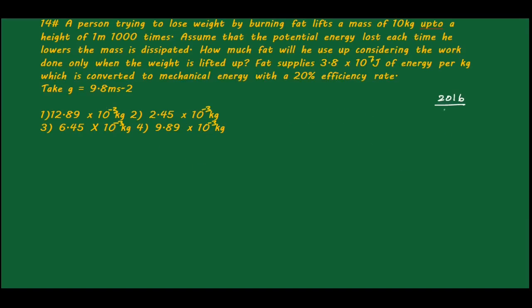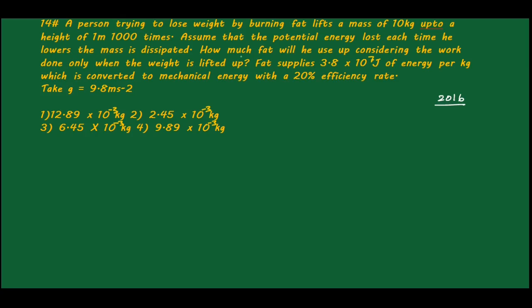Here is one more question from 2016. A person trying to lose weight by burning fat lifts a mass of 10 kg up to a height of 1 meter, 1000 times. Assume that the potential energy lost each time he lowers the mass is dissipated. How much fat will he use up, considering the work done only when the weight is lifted up?